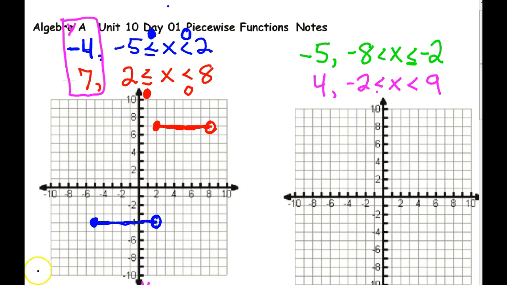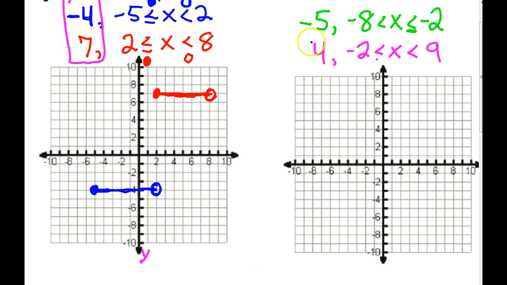Okay, moving on, we've got to be careful with the negatives, of course. So from -5 and -8 to -2, we got an open circle here, closed circle here. All right, and then we're going to jump up to 4, and then go all the way from -2 to 9. Open circle, closed circle.